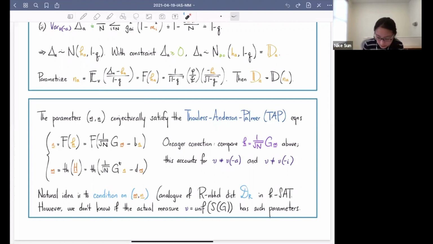Of course, we don't know if the actual measure that we're interested in is replica symmetric. If we knew that, that would be great, but we don't. We don't really know if it has such parameters, so we don't really know what the distribution of the deltas is. You can certainly define m to just be the mean of the distribution, but we don't know if it satisfies this nice set of equations.